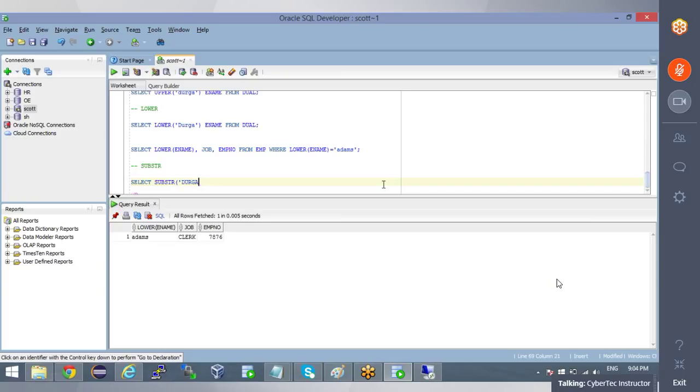My input string is Durga. I want to retrieve the string from the second position. Now let's say this is my updated data, and this is my original data.